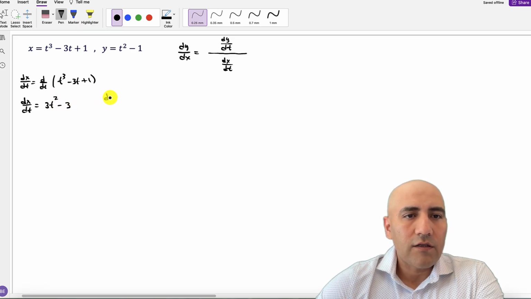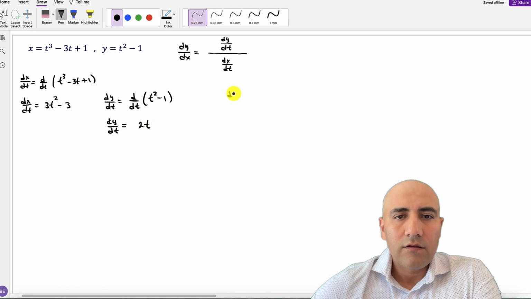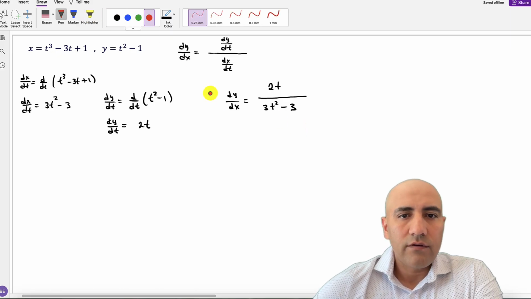And likewise, dy/dt is equal to the derivative with respect to t of t squared minus 1, which therefore dy/dt is equal to 2t. Okay, so now we can bring that together and find dy/dx as equal to 2t, that's the dy/dt, divided by 3t squared minus 3. Okay, so here is our derivative.